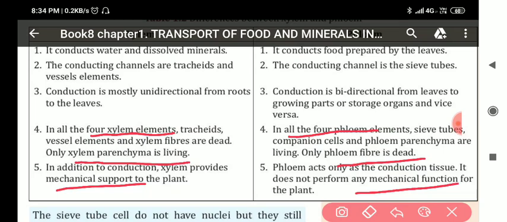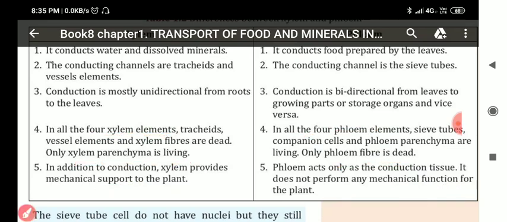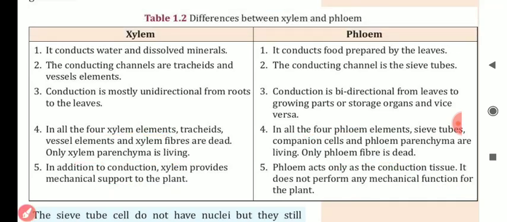Clear, all of you? So these are the differences between xylem and phloem.